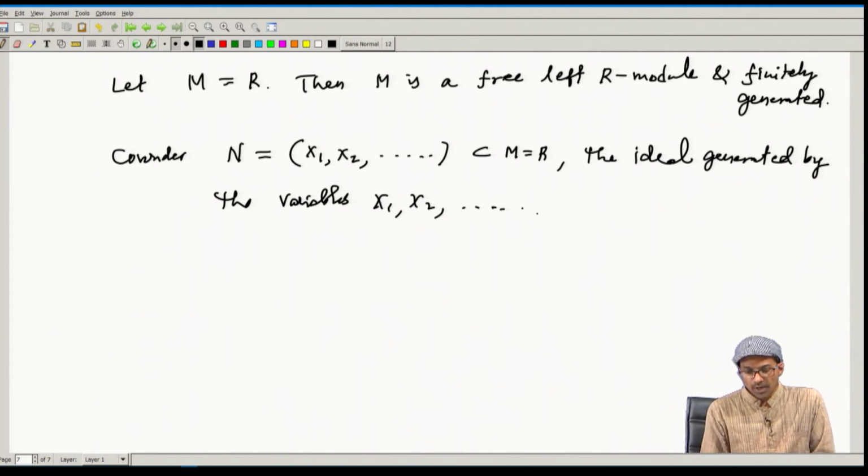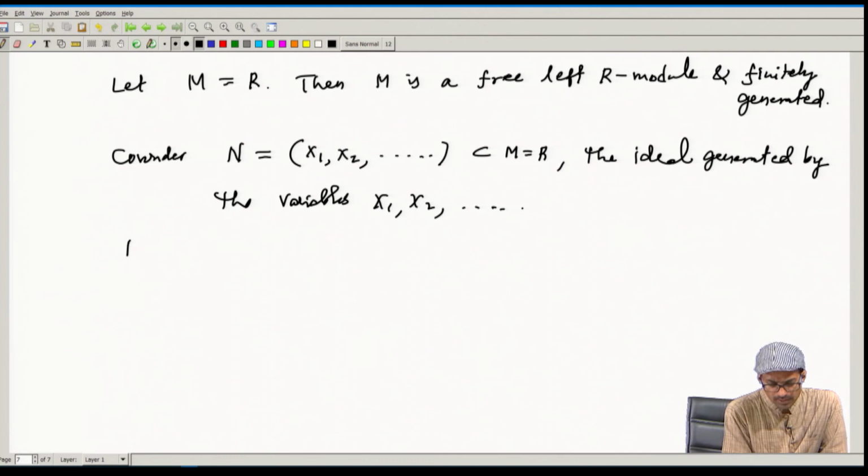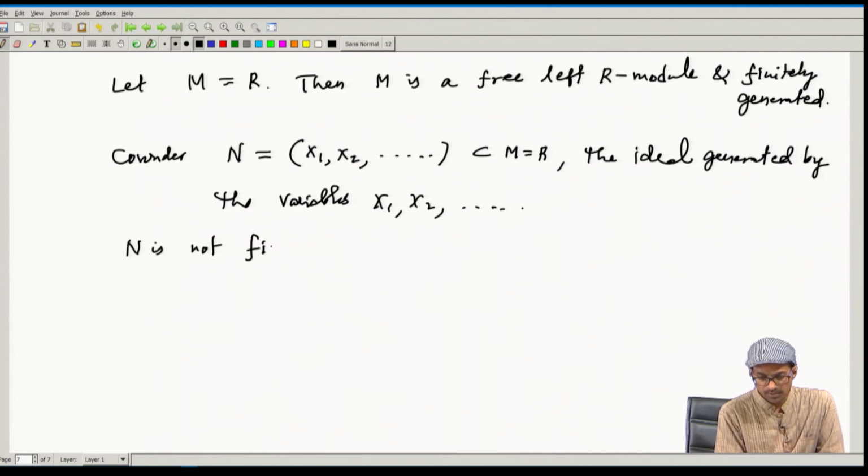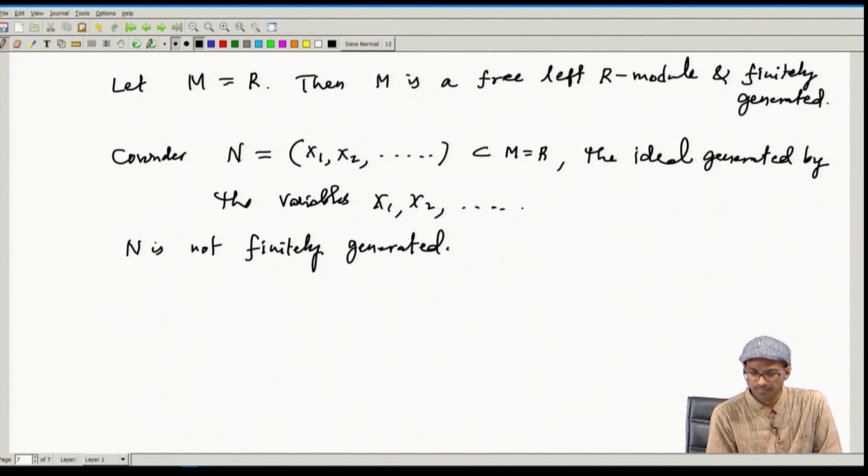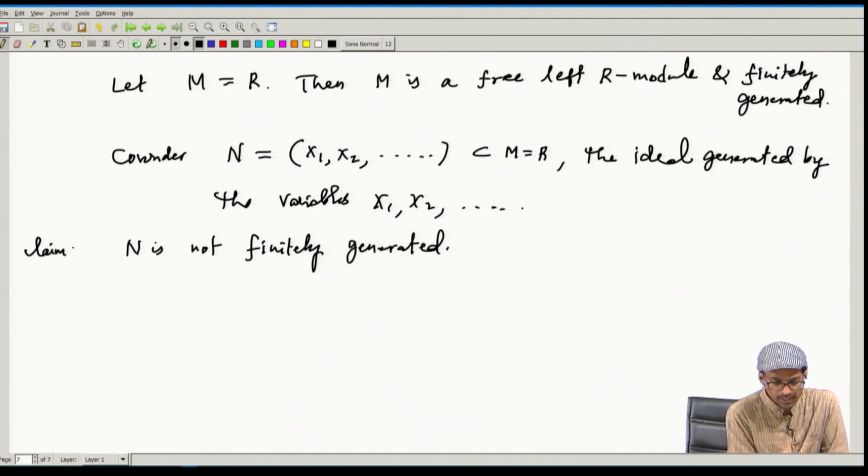Okay, so now the first claim is N is not finitely generated. So let us try to prove this. Let me write it as a claim.